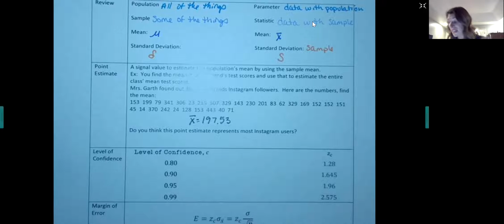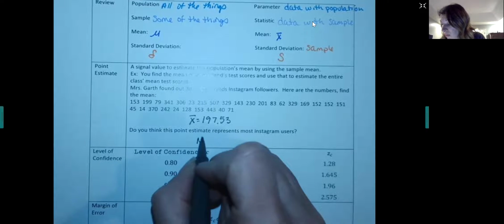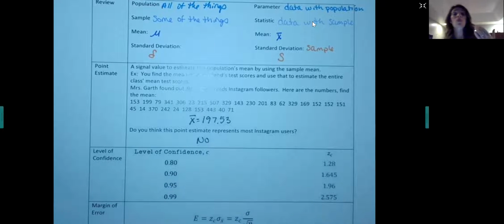Now, do we think that this point estimate represents most Instagram users? Do most Instagram users have less than 200 followers? That's a big fat no, right? So no, this doesn't. But what we're looking for is a point estimate, a sample mean, that is representative of the population.